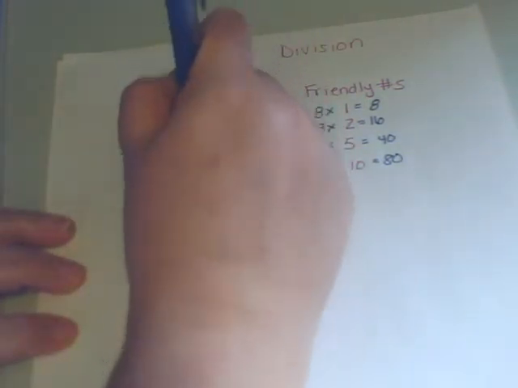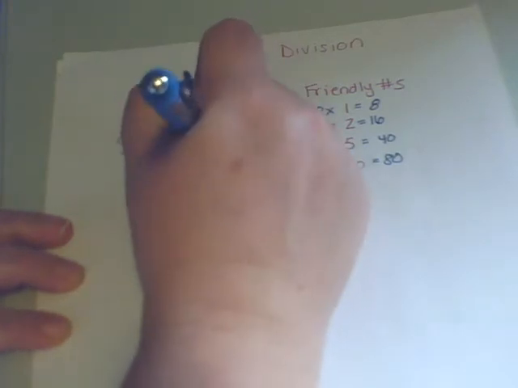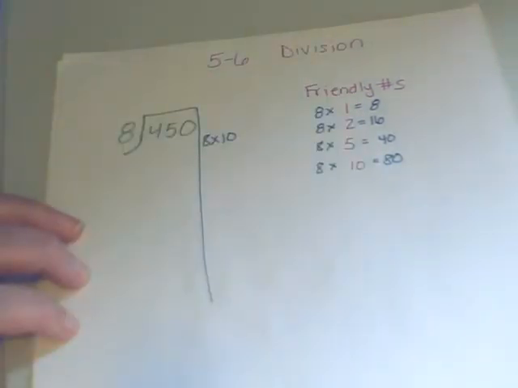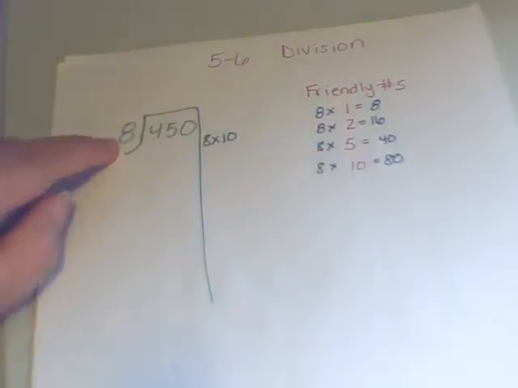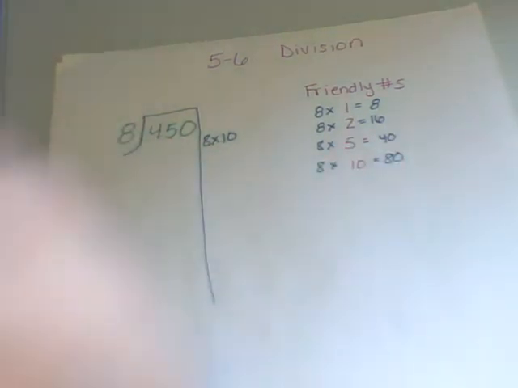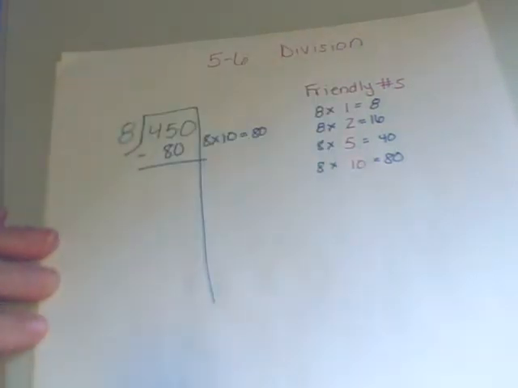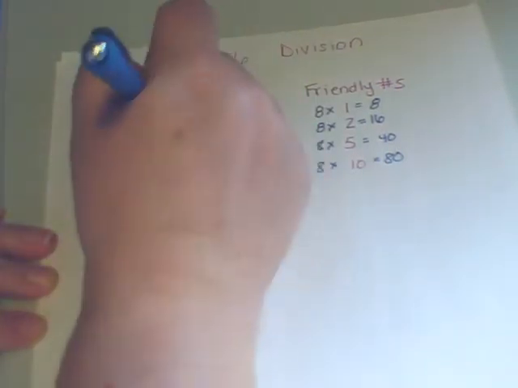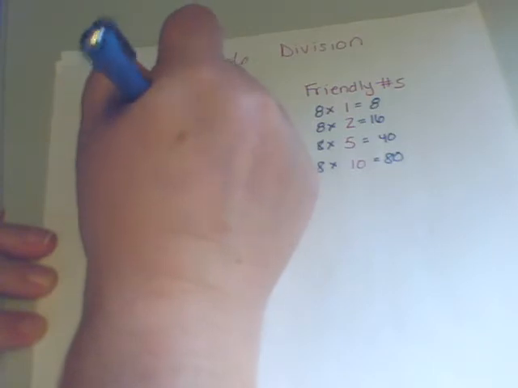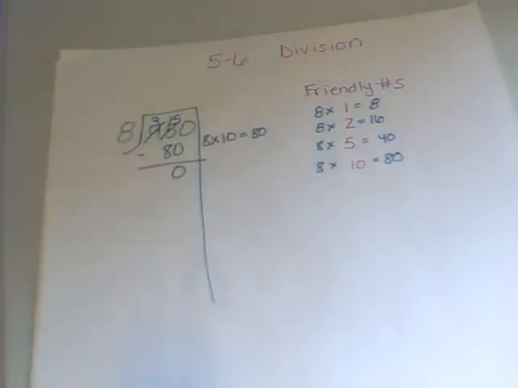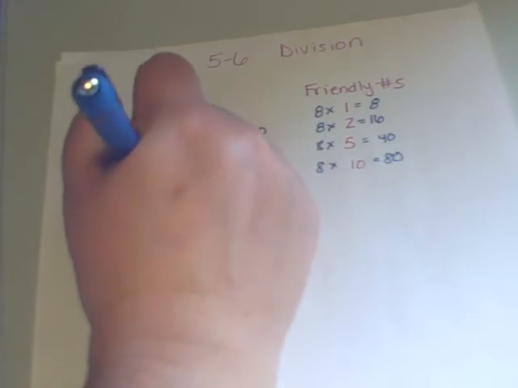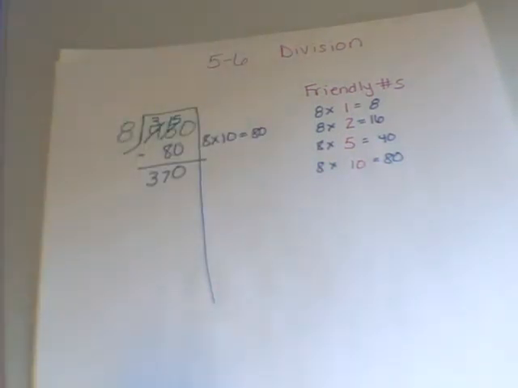So I know that this is going to be 8 times 10. So 8 times 10 got me 80. And now I have to subtract. So now I have 370.